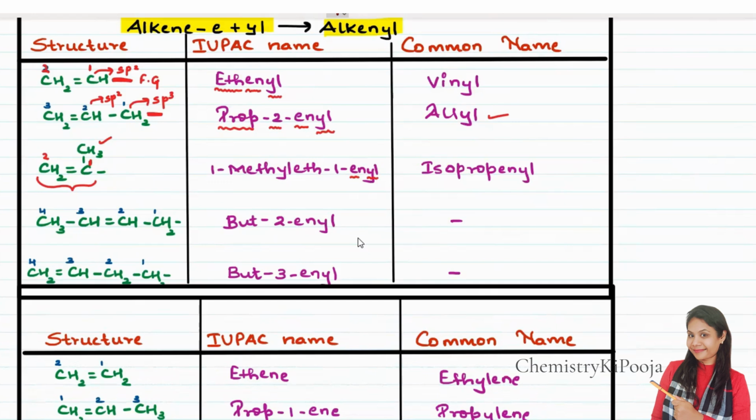Coming to the common name. Now the common name I have already discussed in the previous video. Wherever you find this particular shape, or it can be the mirror image of this or the inverse of this, something like this, then this is the iso group. In this case, I can see this is the group, and then there is branching on this intersecting point.